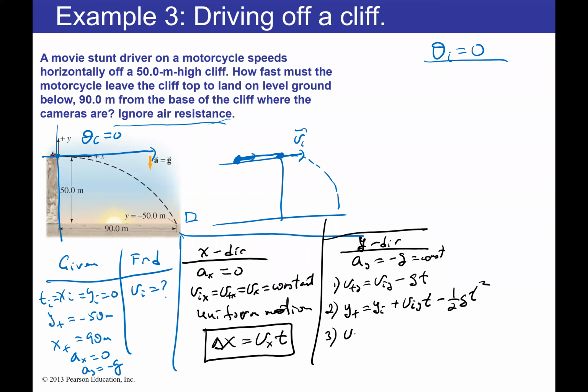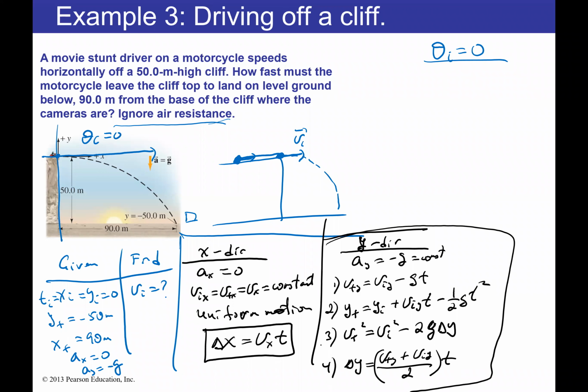Equation 3: V final squared equals V initial squared plus 2 times negative G times delta Y. And equation 4: delta Y equals V final Y plus V initial Y divided by 2, times time. That means we can use all of those 4 equations in the Y direction. You can see everything in this set is in terms of the vertical position change, velocities, and acceleration. Everything here is just in terms of anything X.